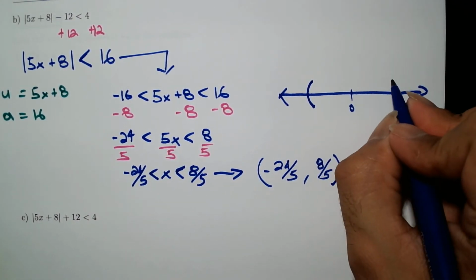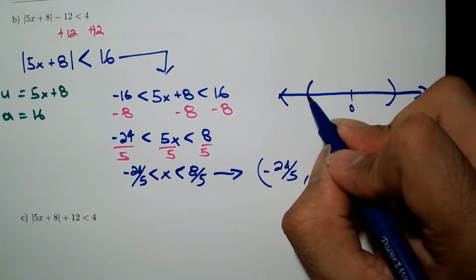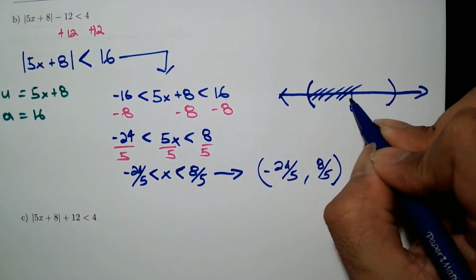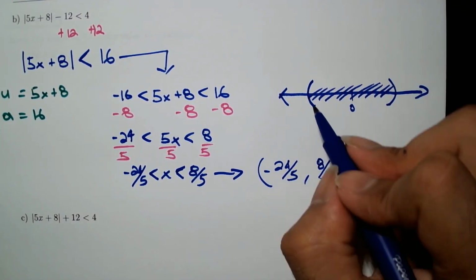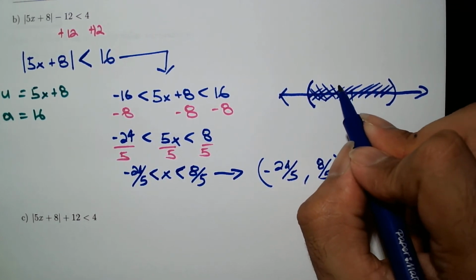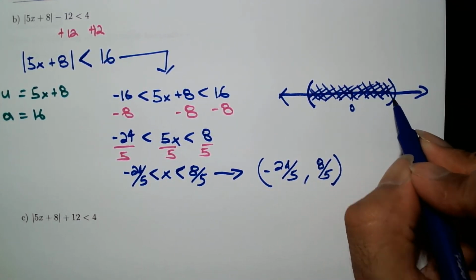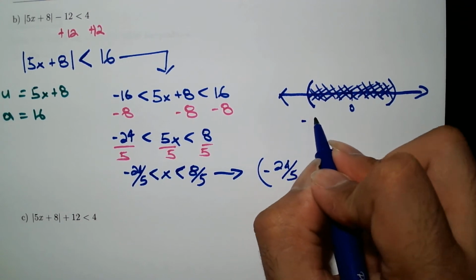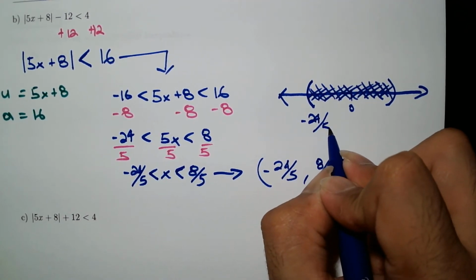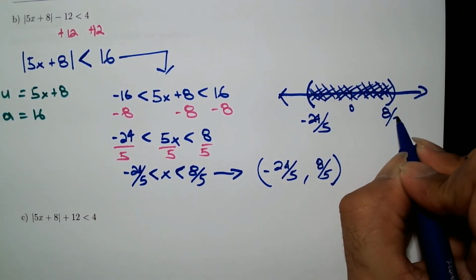And 8/5, as long as it is above 0. So we look for all these numbers right here. We shade them, this interval, negative 24/5, 8/5.